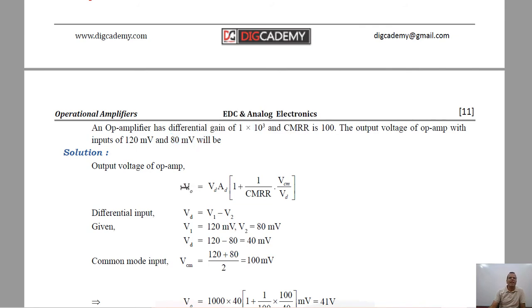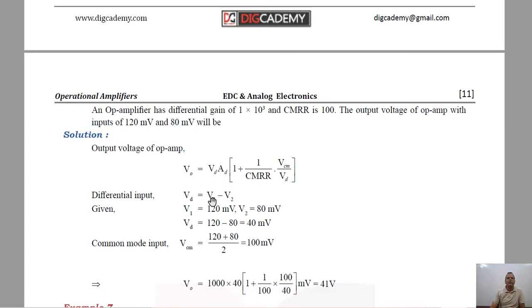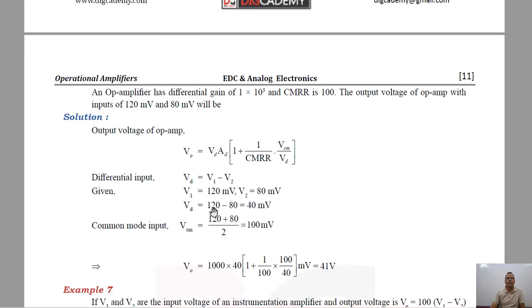We have just seen the expression of the output voltage of the op-amp: VD into AD into 1 plus 1 by CMRR into VCM by VD. That is the expression of the output voltage. VD is the difference of the two input voltages, so 120 and 80 are the voltages given to you.